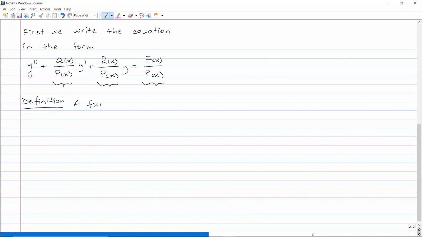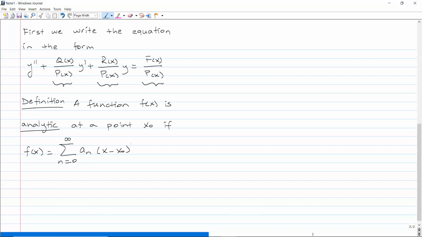A function f of x is analytic at a point x0 if we can write our function as a Taylor series expansion for x in an open interval around x0.